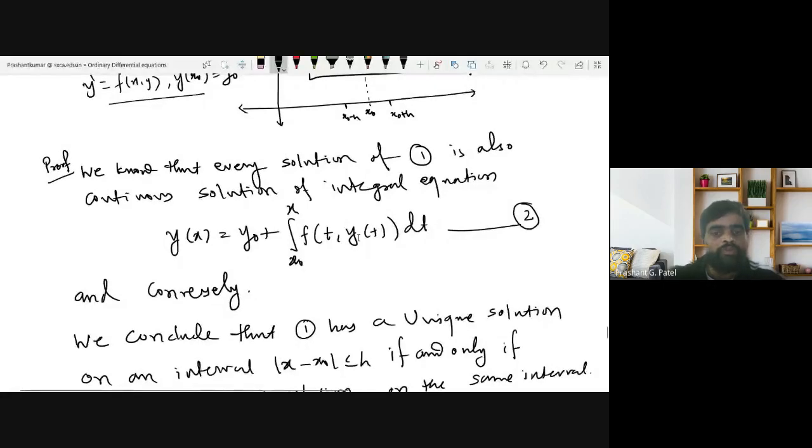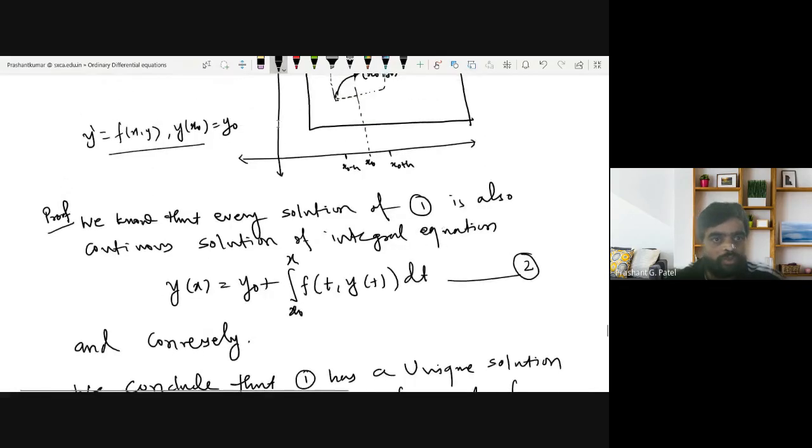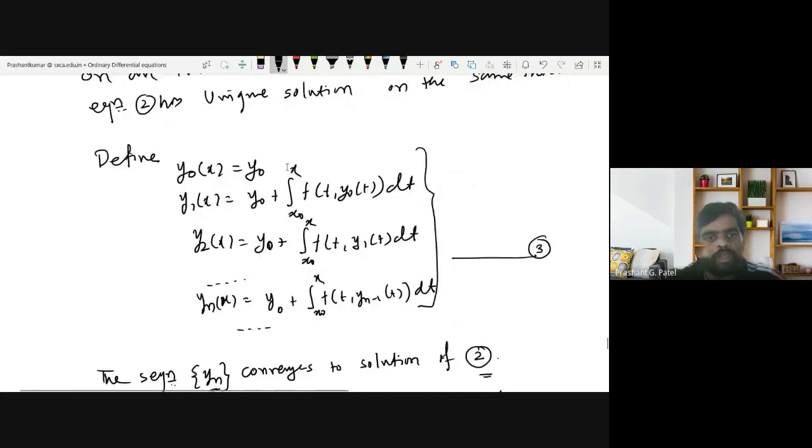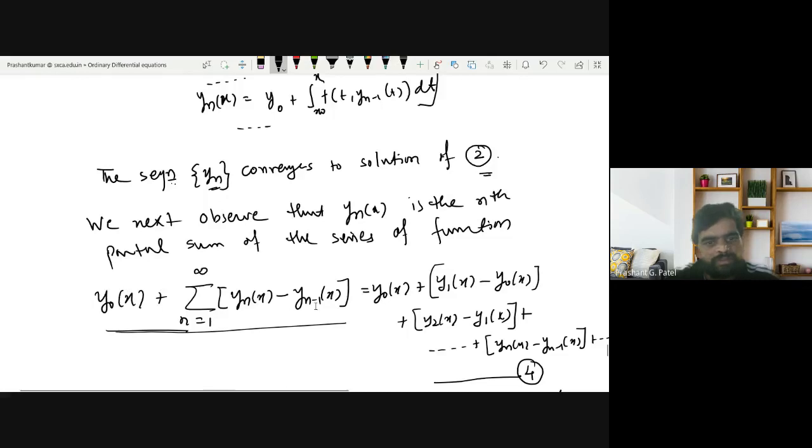And we have shown that the solution of this integral equation is equivalent to the solution of this equation. And we have defined this sequence of functions, and if this sequence of functions is a solution of 2, that means this series converges. We have noted that the partial sum of this series will be y_n, which you can see from this.